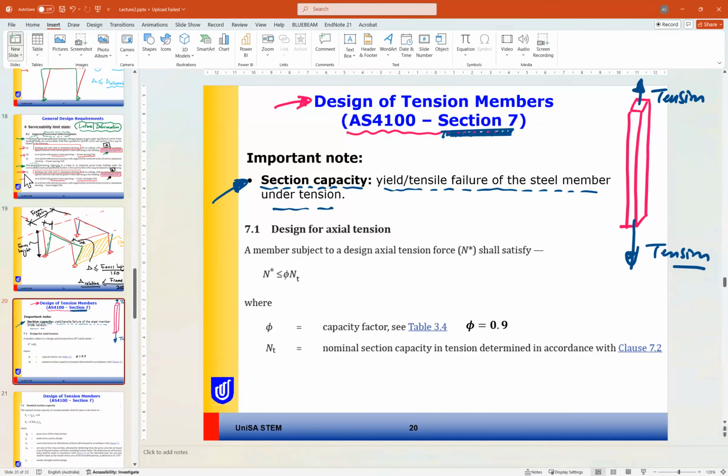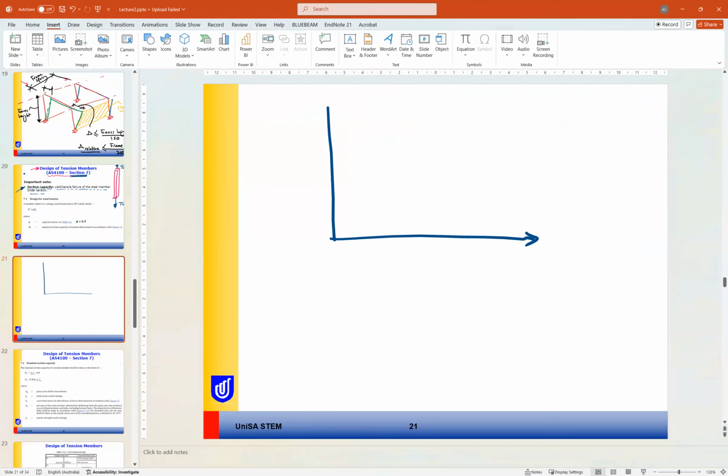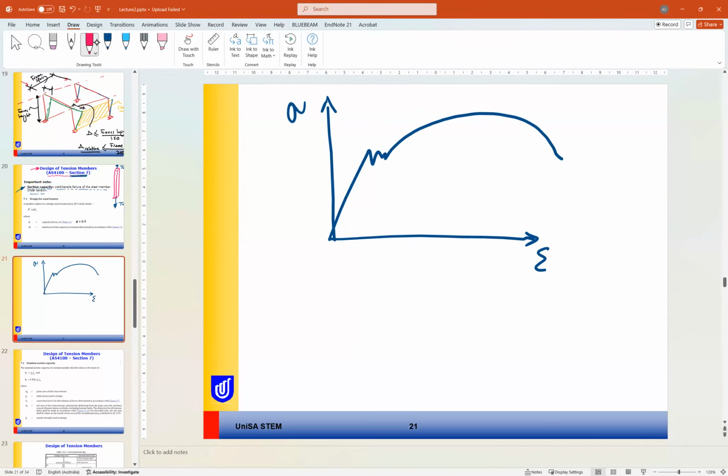Because as you know, the stress-strain curve for steel looks something like this. We have two limits: the first limit is F yield or sigma yield, and the other limit is Fu or tensile strength.